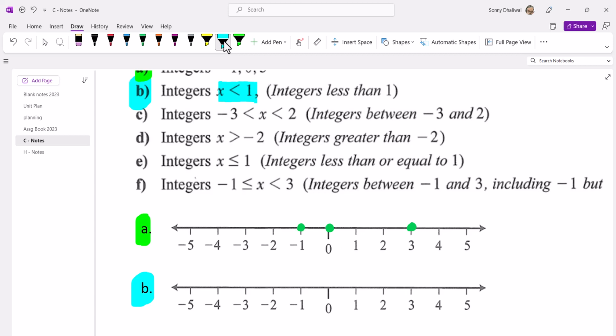And now we're going to pick the numbers less than 1. So do we go left of 1 or to the right of 1? Left. So we're talking about integers. So we're not doing decimals, so we're not doing arrows, so we're only picking 0, 1, 2, all -2, -3, -4, -5.